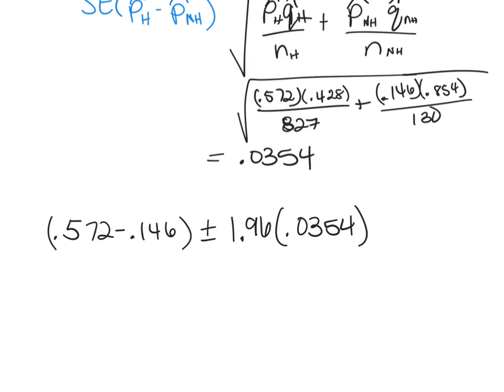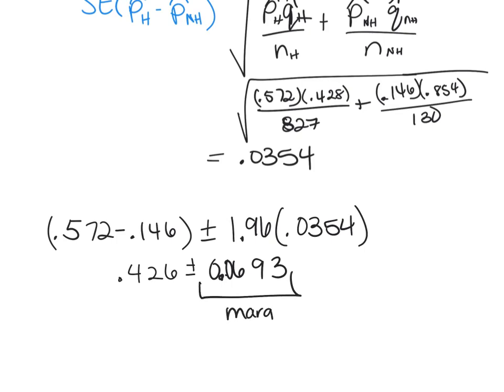That's the calculation by hand. In the calculator, well, let's find this. 0.572 minus 0.146, and that's 0.426 plus or minus 1.96 times 0.0354, 0.0693. This number here is your margin of error.